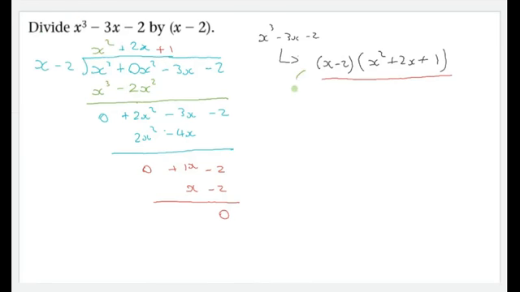It's more the answer, or the factorization that I've done, that I want you to stare at. They're not asking us to do this, but this is just me pointing out some things.